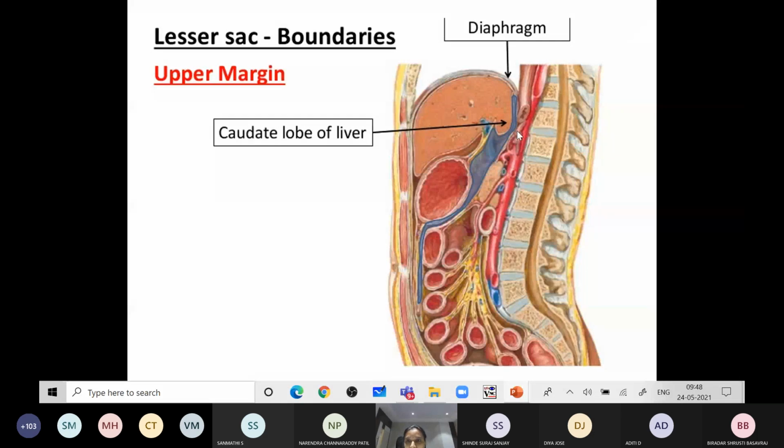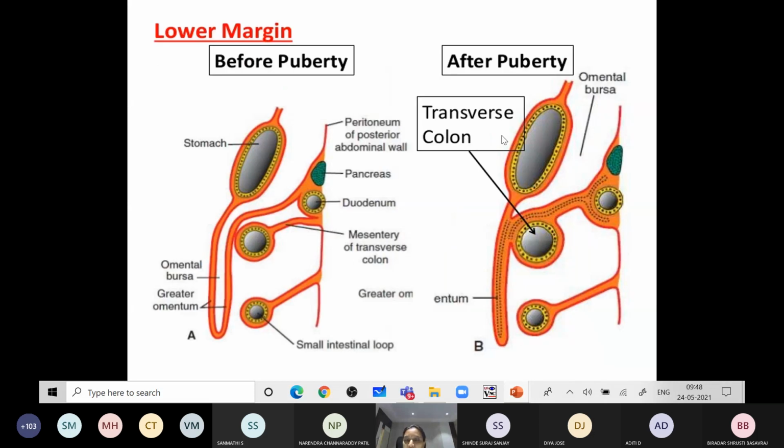The upper margin is from the undersurface of the liver, from the right and left crus of the diaphragm, and it invests the caudate lobe of the liver. That part forms the upper margin. The lower margin is different before puberty and after puberty. You have to understand this. Before puberty, the second layer forms the third layer, and the first layer forms the fourth layer.